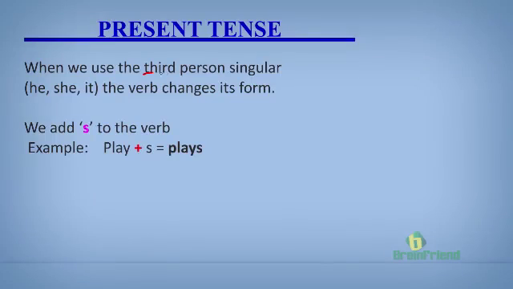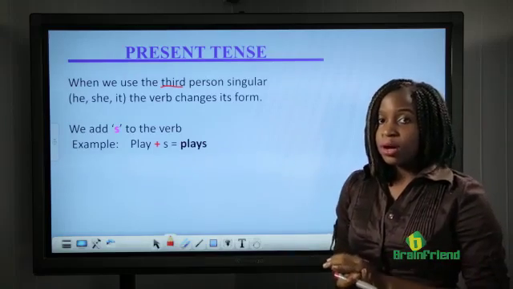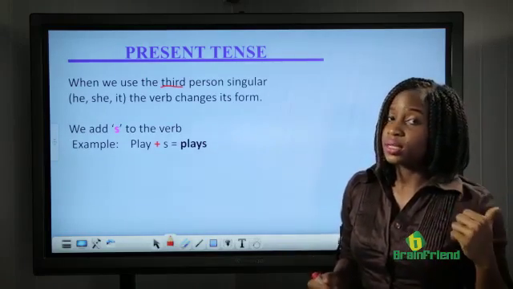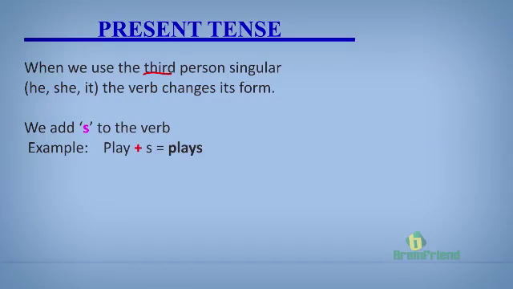And the third person singular is talking about another person. When we talk about another person, which is the third person singular, we add s to the verb. Example, play. We've been using verbs in their main and original form, but when you're talking about another person, you add s, making it plays.